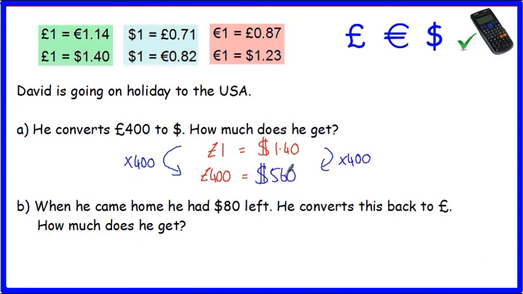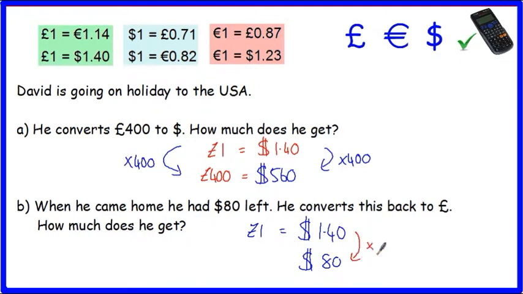When he came home, he had $80 left. He converts this back to pounds. How much does he get? So again, I write down my pounds, my dollars, and put $80 underneath there. So now, how do I get from there back? Well, I might actually put my arrow there.